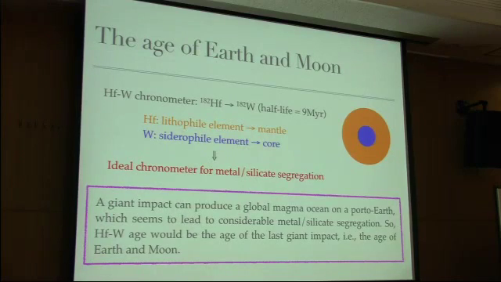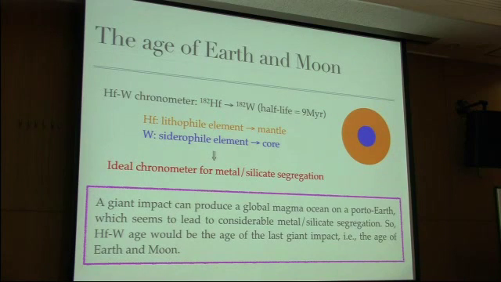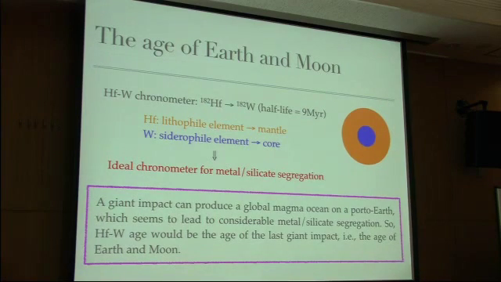For estimation of the age of the Earth and the Moon, we use hafnium and tungsten instead of uranium and lead, because it's a very good chronometer. The 182 hafnium decays to the 182 tungsten with a half-life time of about 9 million years.